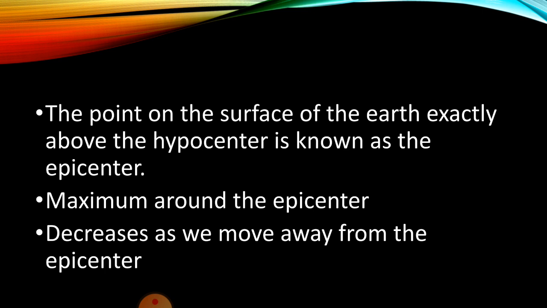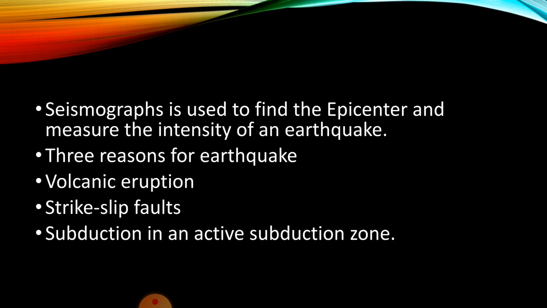The intensity of the earthquake is felt the maximum around the epicenter, and the intensity of the earthquake decreases as we move away from the epicenter. And the effect of an earthquake depends on this intensity of the earthquake.